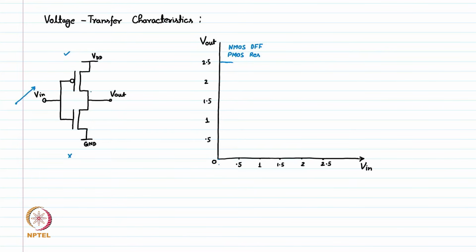Why is it in resistive region? Because the drain to source voltage is very low, since V output is almost equal to VDD. So, the PMOS is resistive.